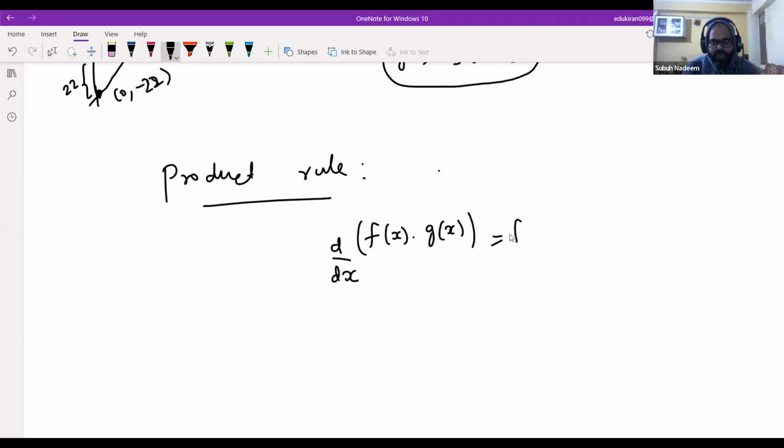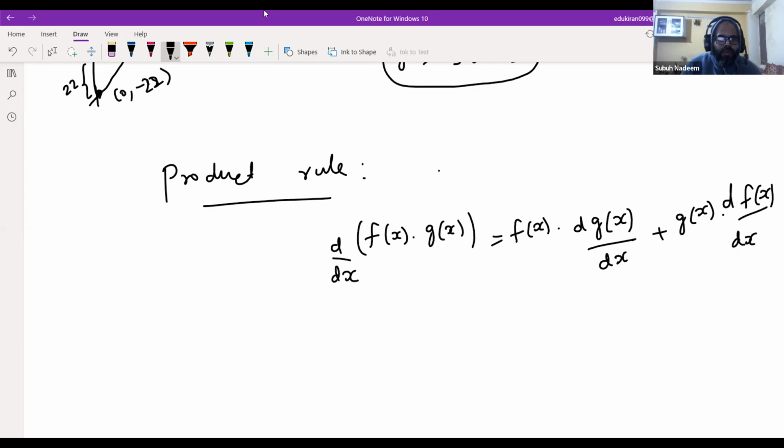You take one function outside and you differentiate the other function, plus you take the other function outside and you differentiate the first function. So if you have, suppose, x cubed into x plus 1, like this.